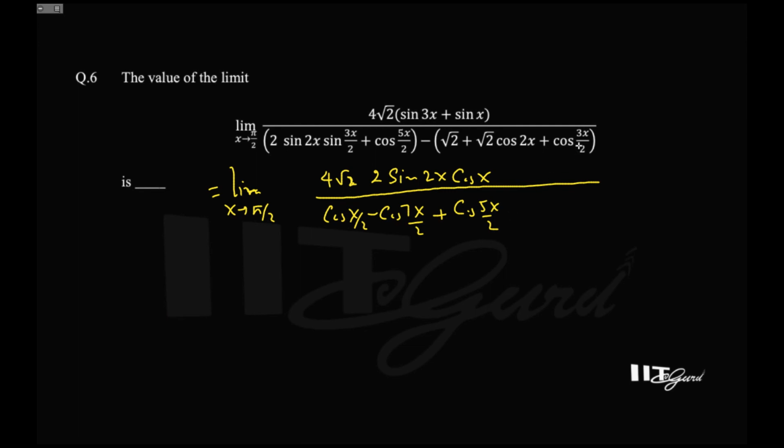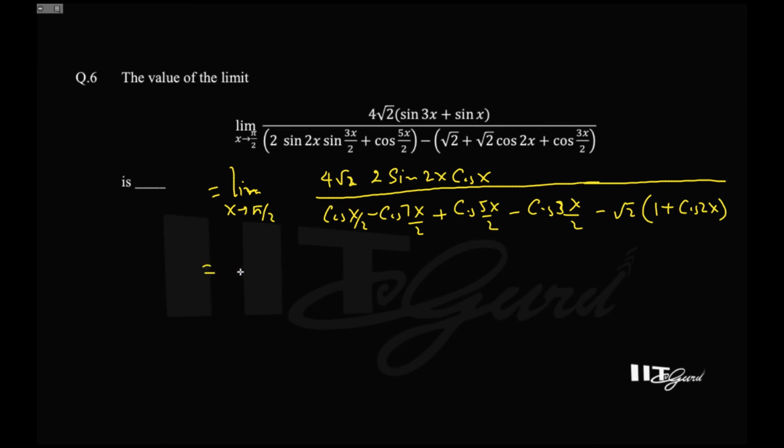And then you recall this minus cos 3x by 2 to associate with cos, and the other terms. This one is left, you can take out negative root 2 common over here, and we say 1 plus cos 2x.